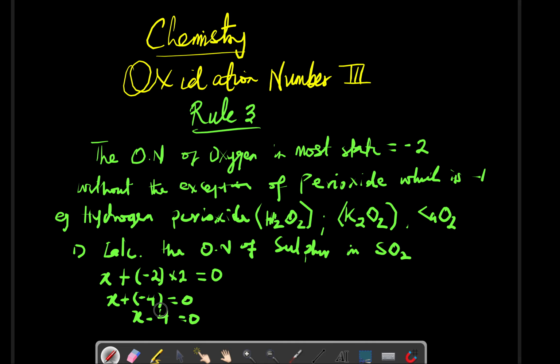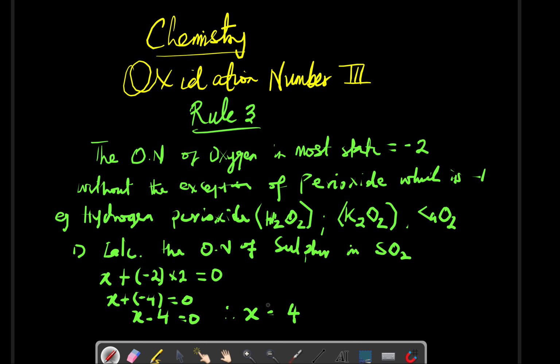Finally, to solve for x, add 4 to both sides of the equation, or carry -4 across to this side and it changes to +4. So x will be equal to +4. It means the oxidation number of sulfur in this compound is 4. Very, very simple.